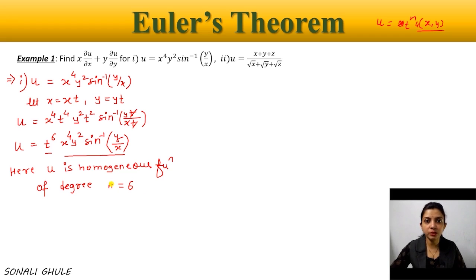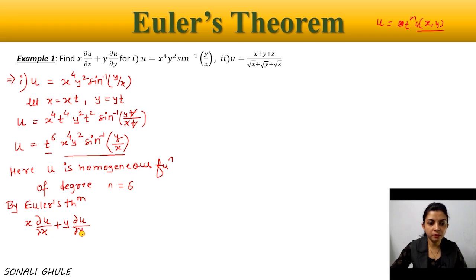Okay, now here as I know u is homogeneous, then by Euler's theorem, what is Euler's theorem? If u is homogeneous of degree n, yes, so here I can write by Euler's theorem x into dou u by dou x plus y into dou u by dou y equal to n into u.